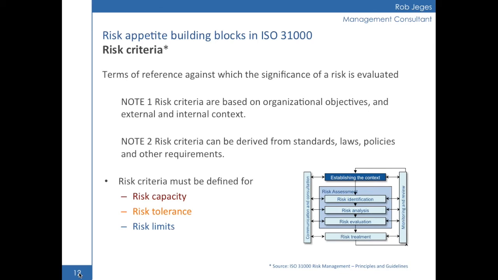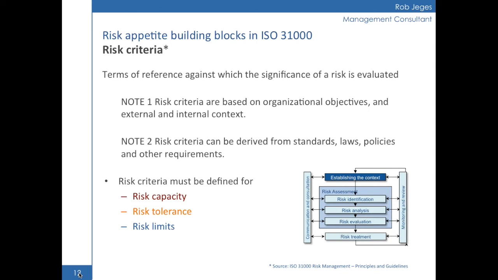So is that your understanding also, that even though we're not using the term risk appetite, the benefits and the way in which you want organizations to think about risk is covered by the concept of risk criteria within the main ISO 31000 document?